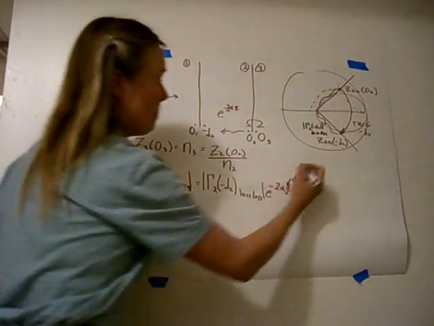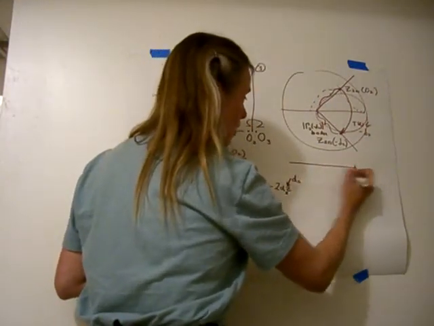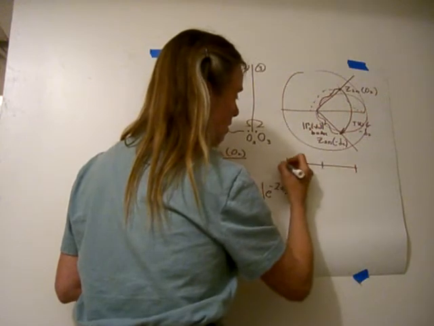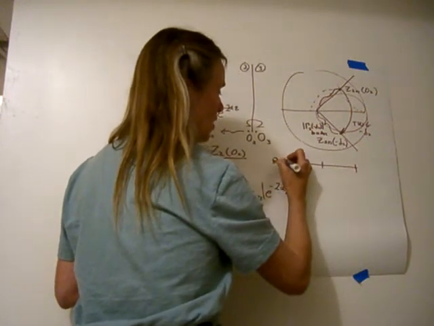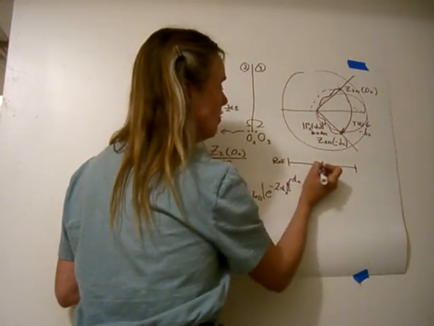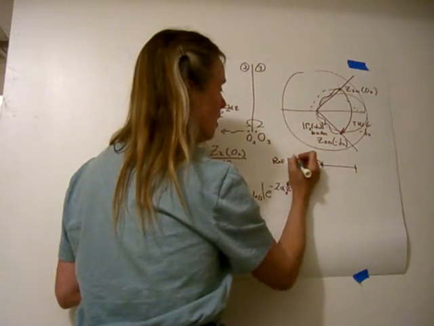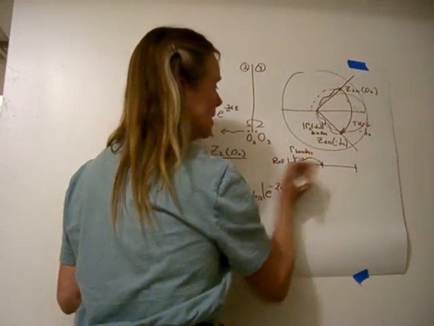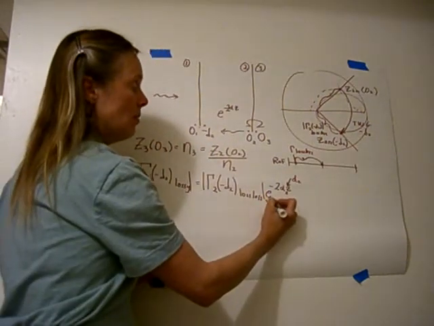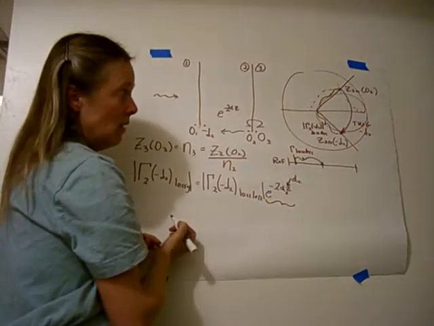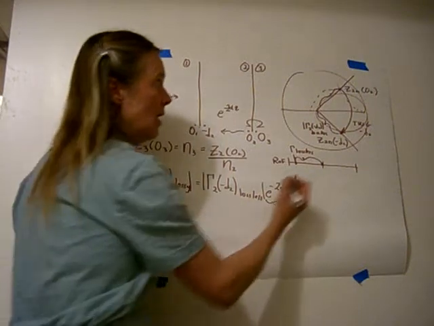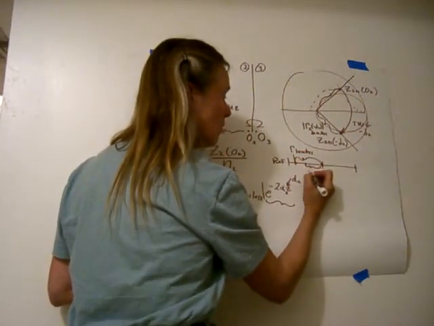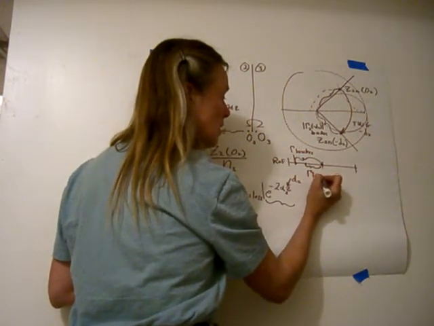So what we do, here's our reflection coefficient line down here. This is the reflection coefficient. So measuring from the center over to here, we first read the magnitude for the lossless case. Then we multiply it by this number, which is a scalar. It's a scalar value less than 1, and we get some smaller value, reflection coefficient that's lossy.